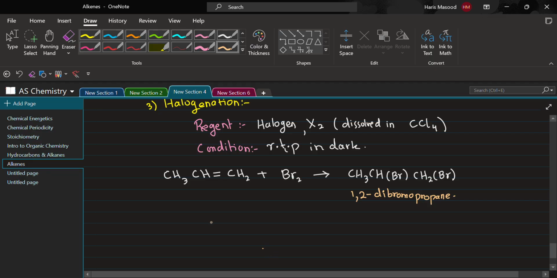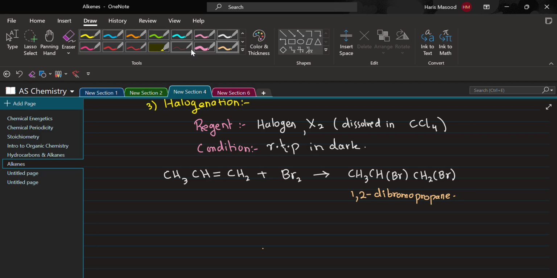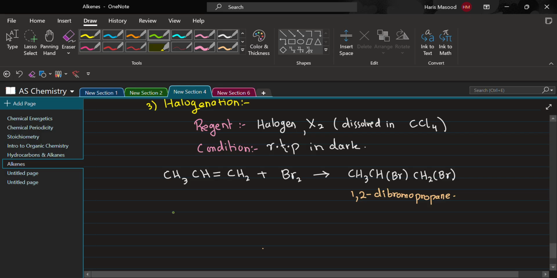So what is the observation of this reaction? The observation is that, just for this reaction, if we had added chlorine, then there would not have been such an observation, but bromine is of brown color.